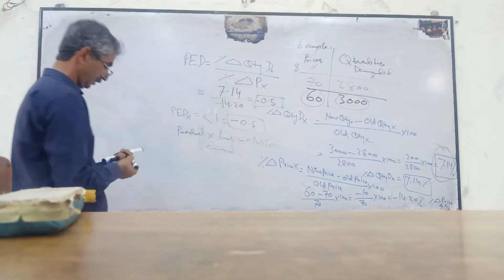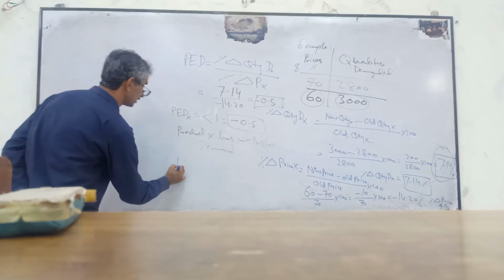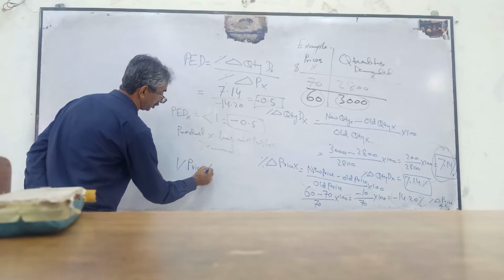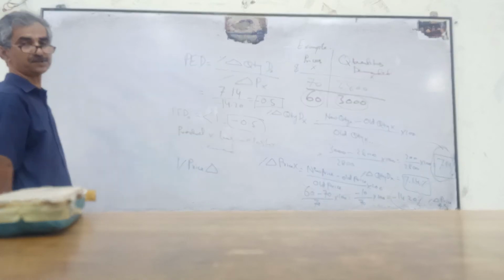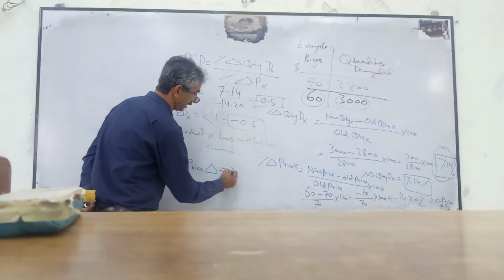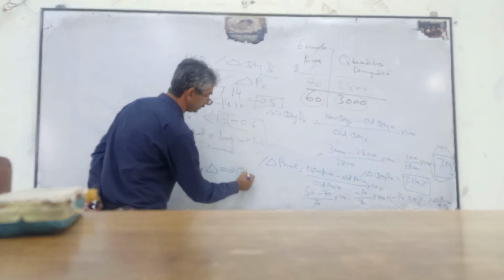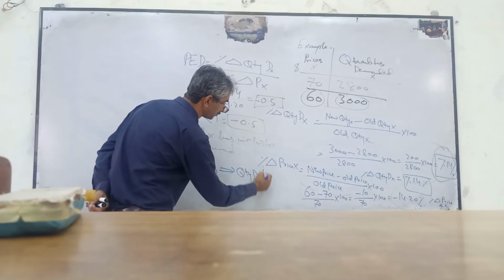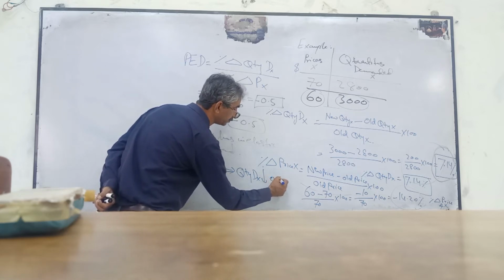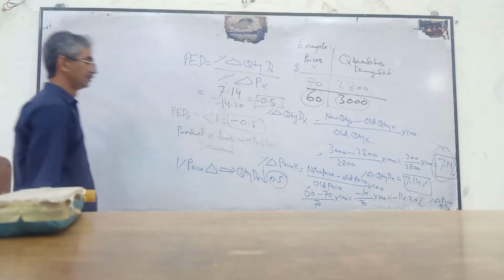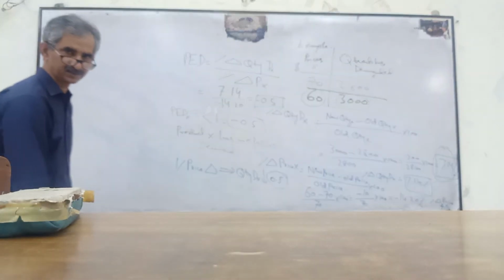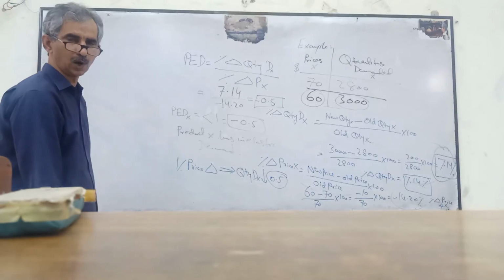It means that when there is a 1% change in the price, the quantity demanded of X falls by 0.5, which is less than half, almost half a percentage change in the quantity demanded.